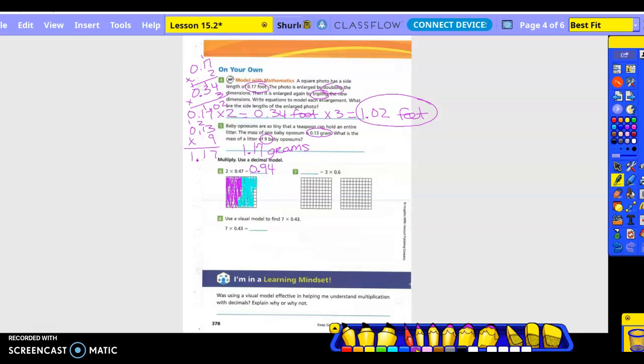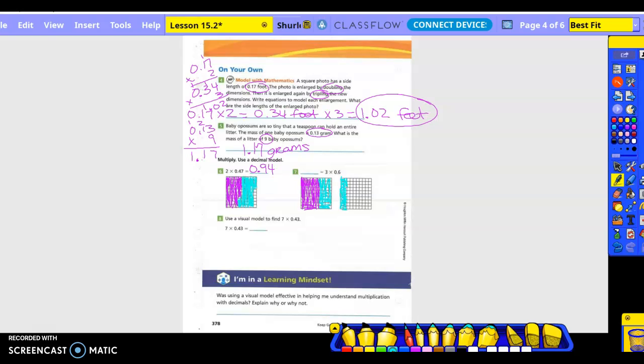Okay, next one. I have 3 times 6/10. So I'm going to color in 6/10, right? So 6 longs. Okay, then I'm going to use another color in 6 more. So there's 4. And then how many of the next one? 2 longs of the next one. So they did show small cubes, but we need to use the small cubes individually.